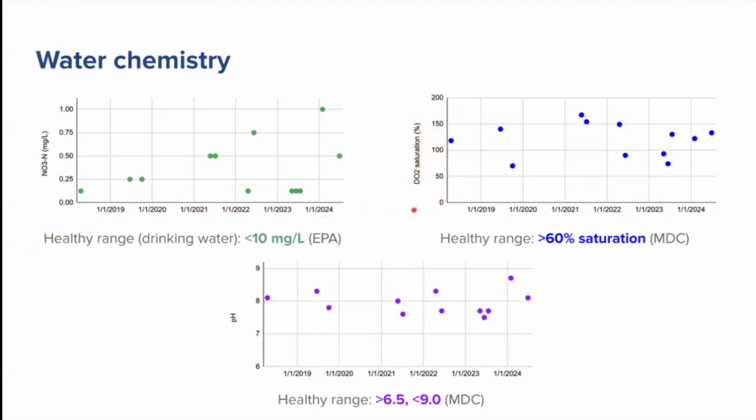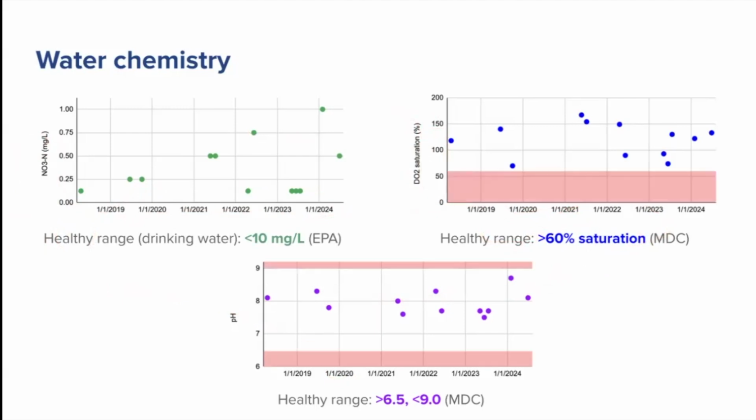For dissolved oxygen, it is greater than 60% saturation for lowland streams like we have, as per the Missouri Department of Conservation. For pH, it's greater than 6.5 and less than 9. And for nitrate, the Missouri Department of Conservation does not have a value, but the EPA recommends no more than 10 milligrams per liter for drinking water.